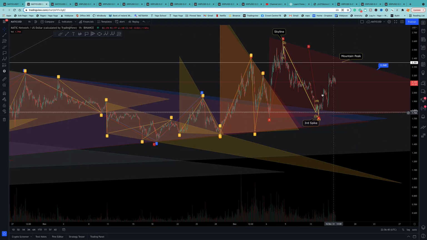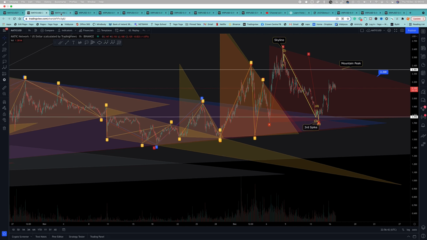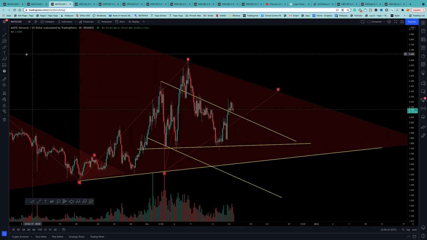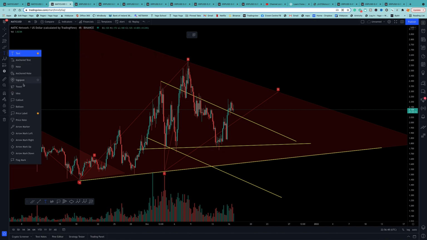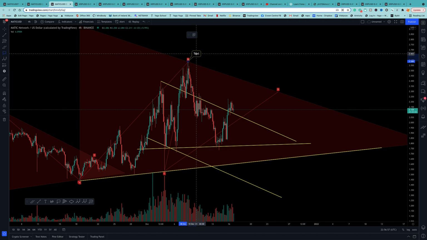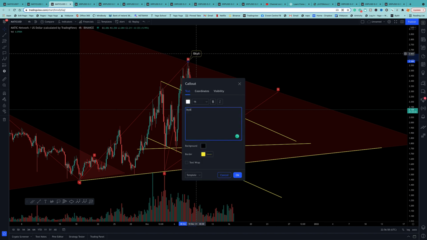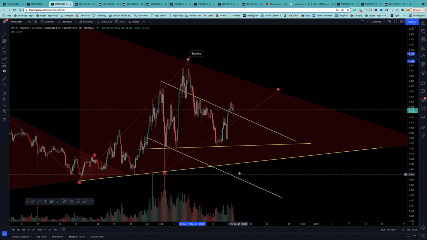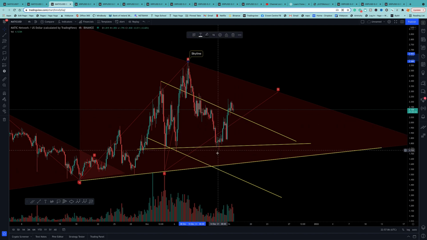So now let's go back to... Actually, we'll do it here because this one's cleaner. So we have a skyline here, and we have a third spike here.